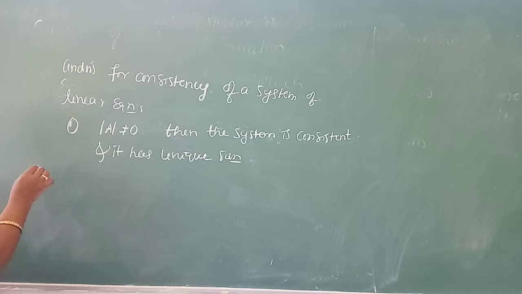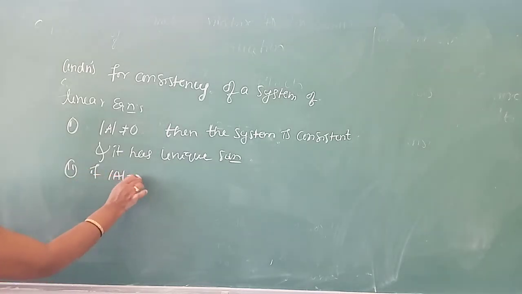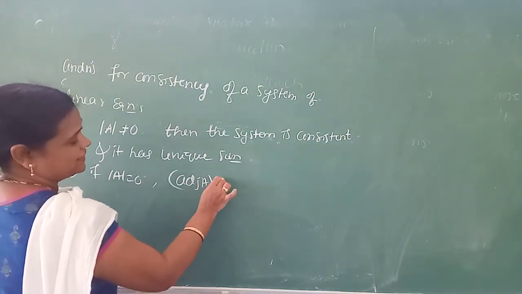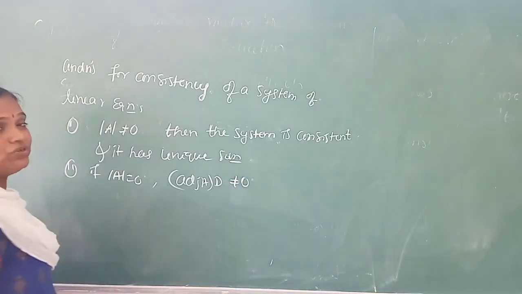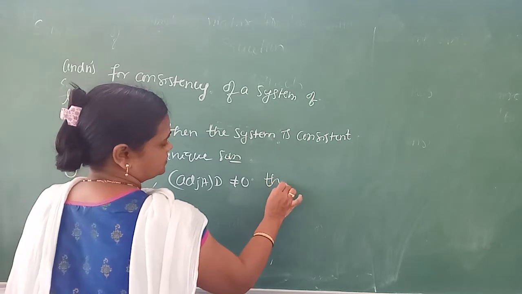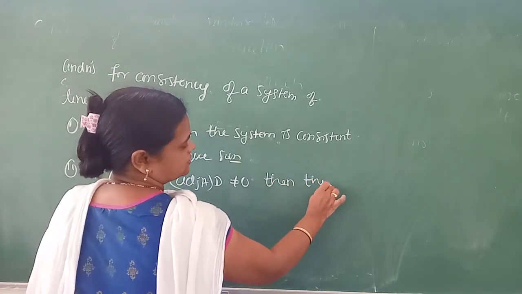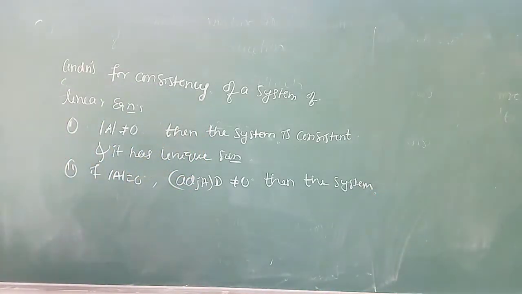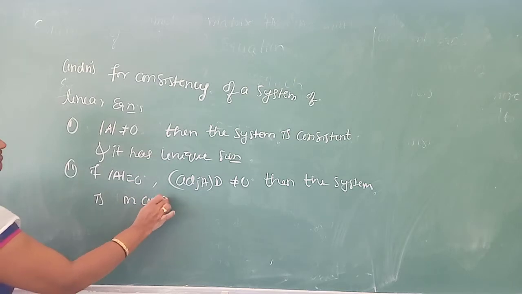Second, if determinant A equal to 0, then adjoint A into D not equal to 0, then the system is inconsistent.